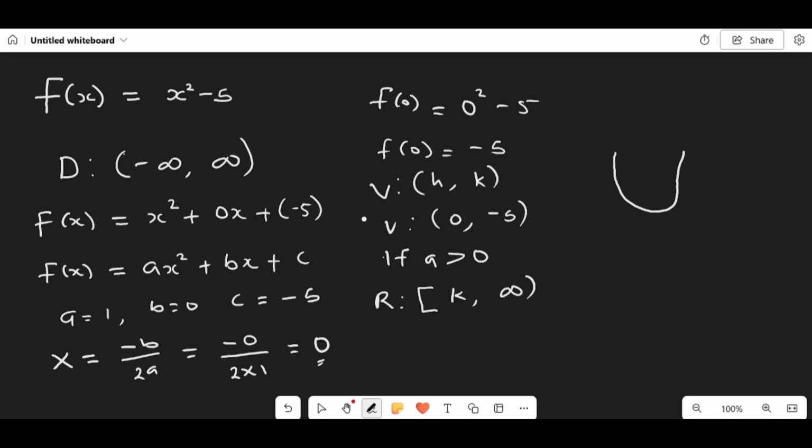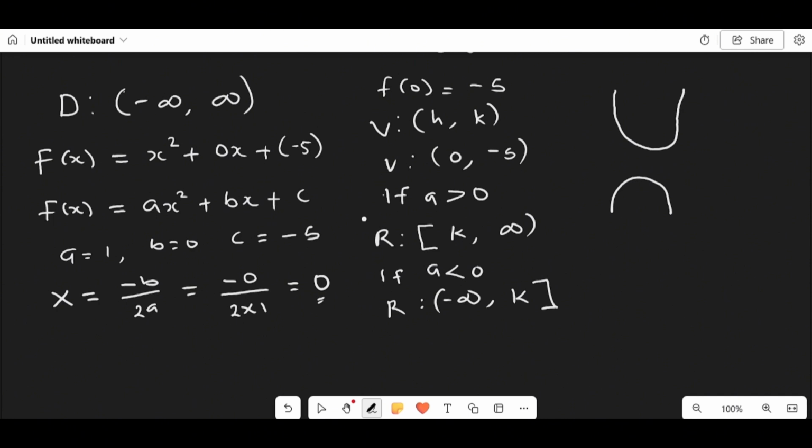And if a is less than 0, it means that the graph of our quadratic function opens downward like this, and the range will now be open bracket negative infinity, k, close bracket.